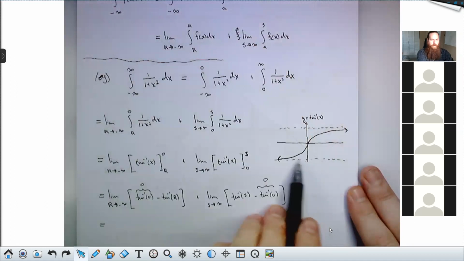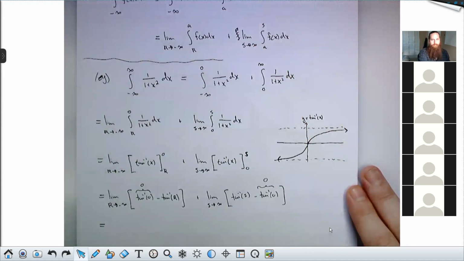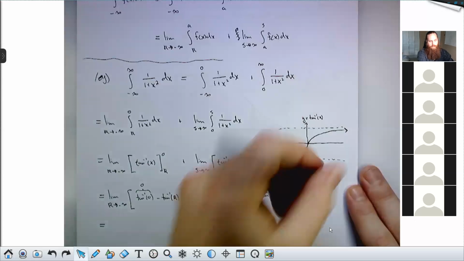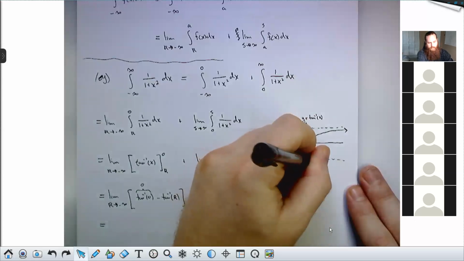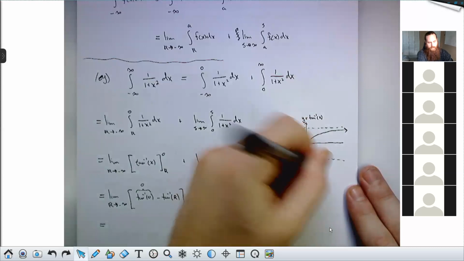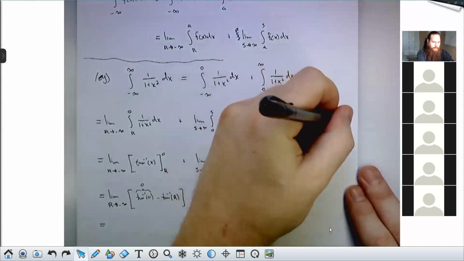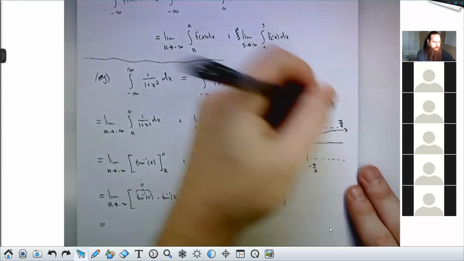What happens as we run off to negative infinity? It heads towards negative pi over 2. Good. And at the upper side, we're going to positive pi over 2.